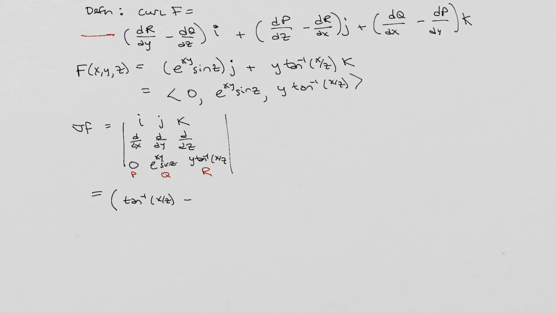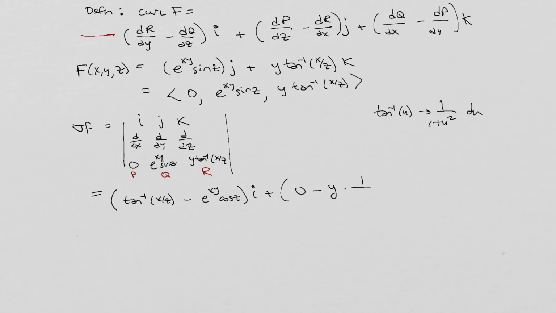So the derivative of q with respect to z, well, this e to the xy is a constant, and the derivative of sine of z gives me cosine of z. And then that's times i, plus the derivative of p with respect to z, that's just 0. The derivative of r with respect to x, well, the y is a constant. And then if you remember, if I have arctangent of u, its derivative is 1 over 1 plus u squared du.